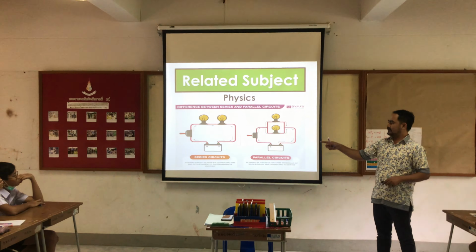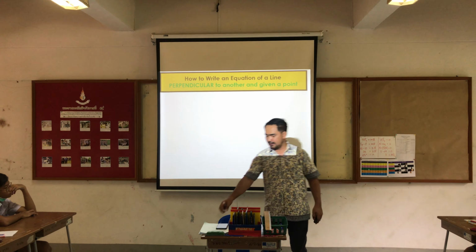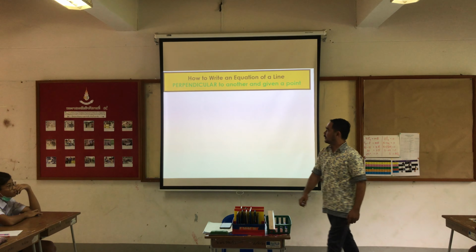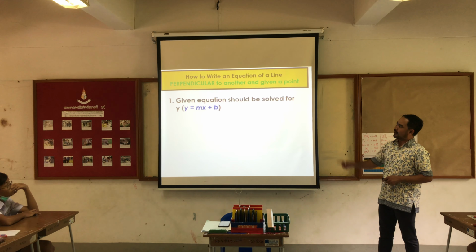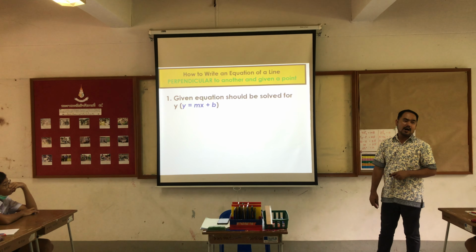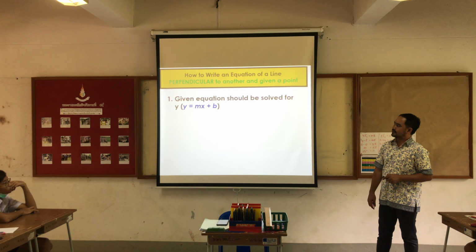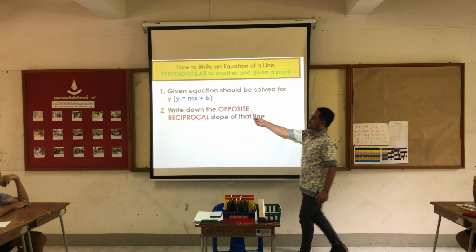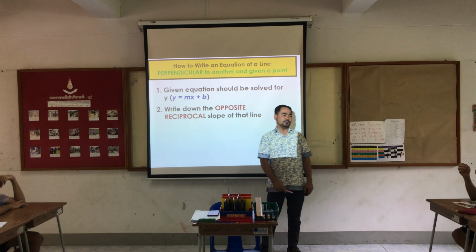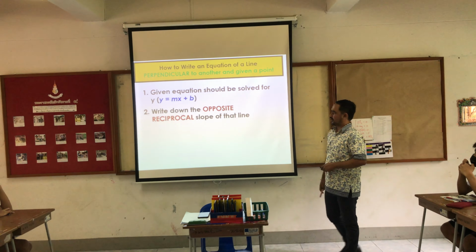Okay? Next, let's move on to the perpendicular. So you already know what perpendicular is, right? Perpendicular, let's have the steps. Step number 1, the same as parallel: we have y is equal to mx plus b. Number 2, we are going to write down the opposite reciprocal.